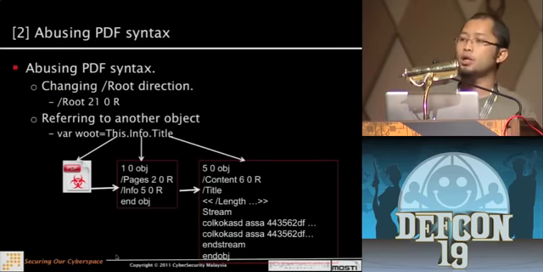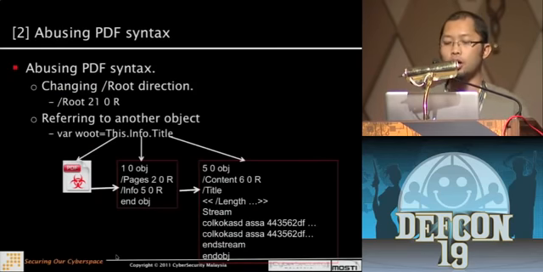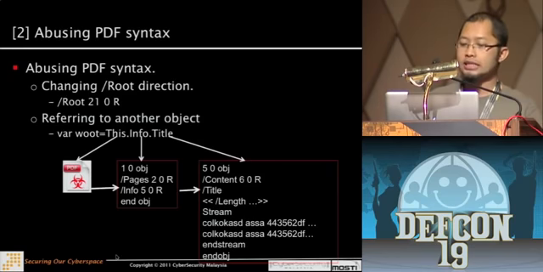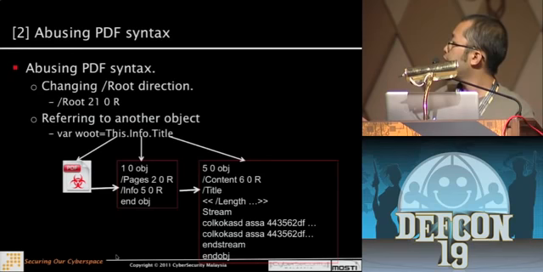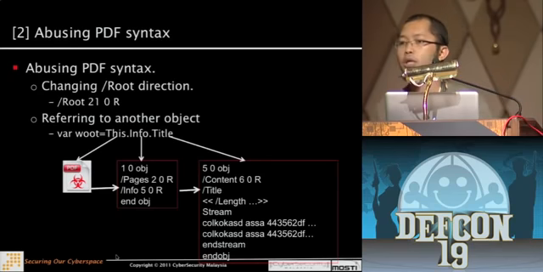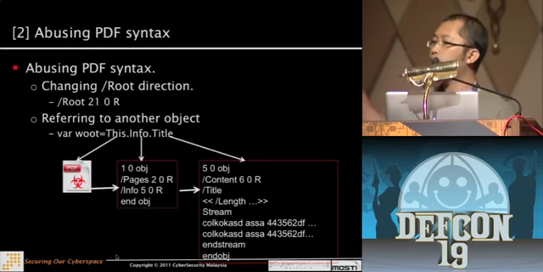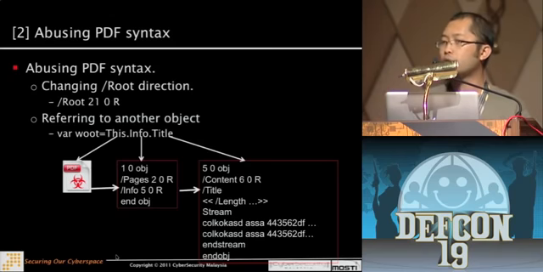And the second normal obfuscation that we saw is about abusing the PDF syntax. For example, if you notice the /root over here, which I mentioned earlier, the PDF normally starts with the /root. At the beginning, you need to go to root. And this one specifies that the starting point of this PDF is always going to refer to object 21.